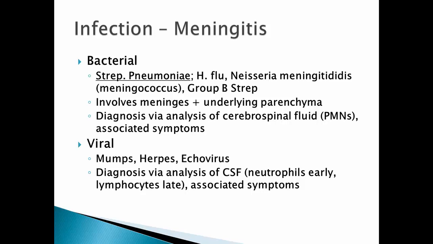So with a bacterial infection from these bacteria, you have involvement of the meninges as well as the underlying brain parenchyma. When we diagnose a bacterial meningitis, the most important tool we have is the analysis of the cerebrospinal fluid. And one of the big things we're going to look at are polymorphonuclear cells, or PMNs. And then we'll also look at the associated symptoms.